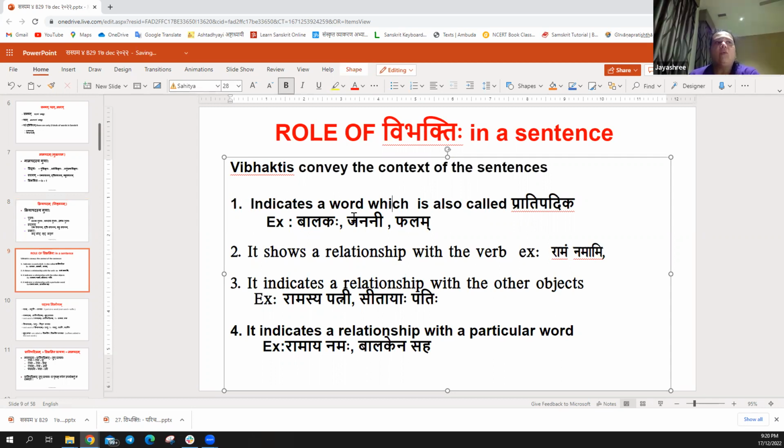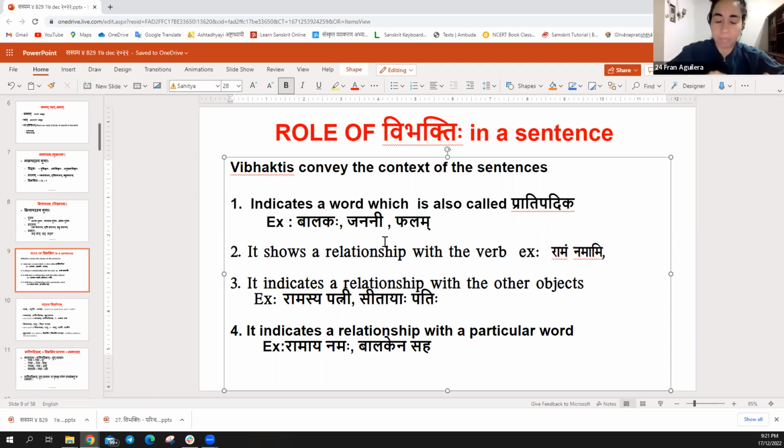It indicates a word which is also called pratipadika. So when a vibhakti is there, the pratipadika, the root of the word is there. So it's like balakaha, janani, phalam, or all these are words in a vibhakti. These are all like prathama vibhakti.